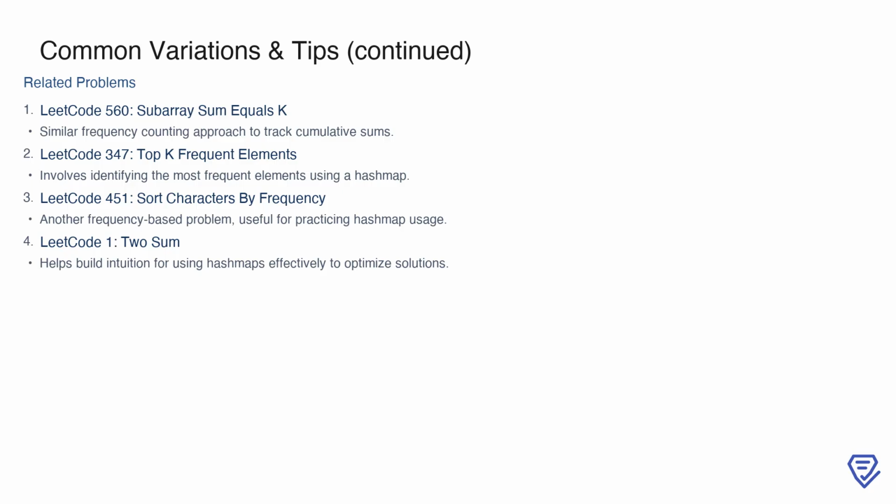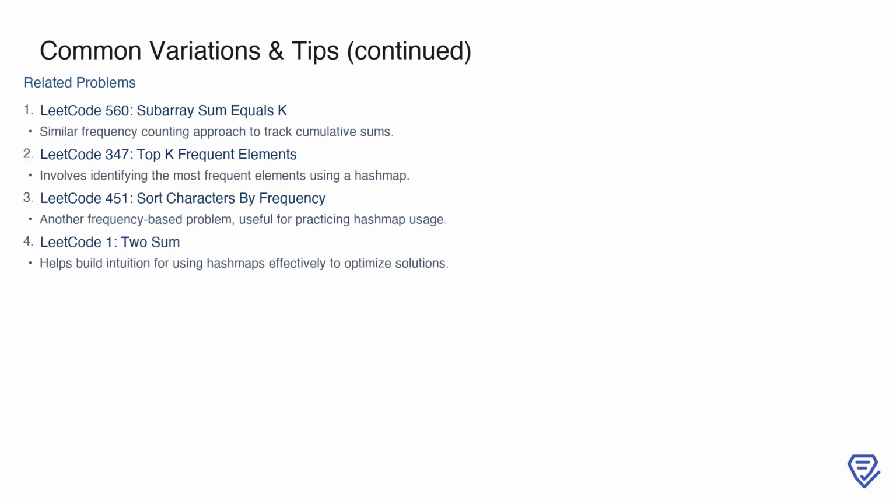This problem also shares similarities with other frequency-based problems, which can be helpful for building intuition. For example, LeetCode 560, Subarray Sum Equals K, involves tracking cumulative sums using a similar frequency counting technique. In LeetCode 347, Top K Frequent Elements, you identify the most frequent elements using a hash map, much like how we track the most common edge positions here.